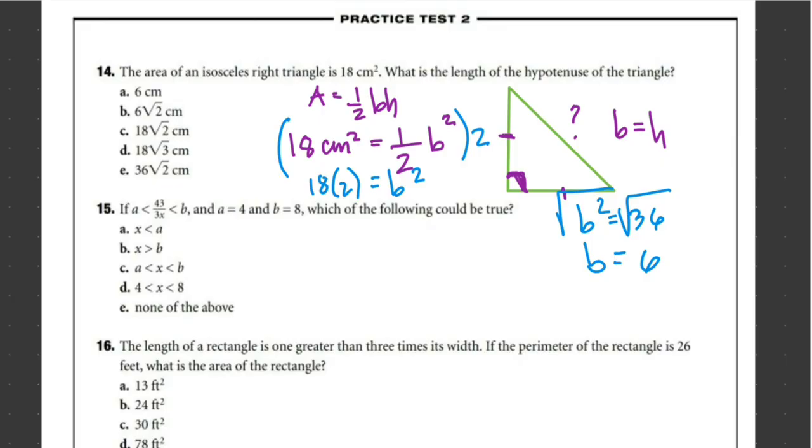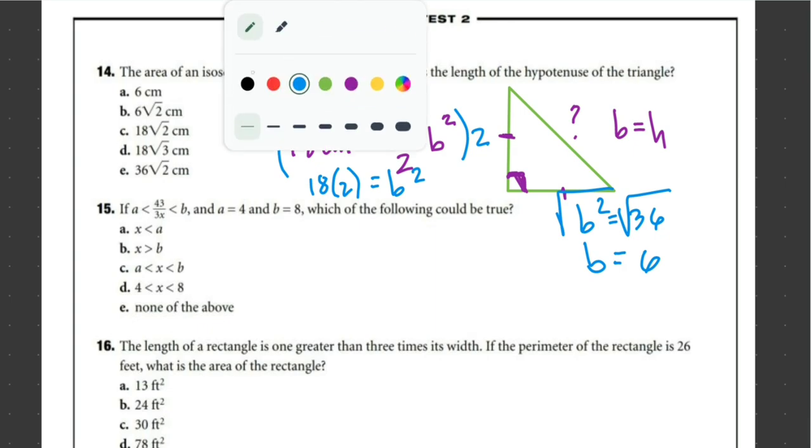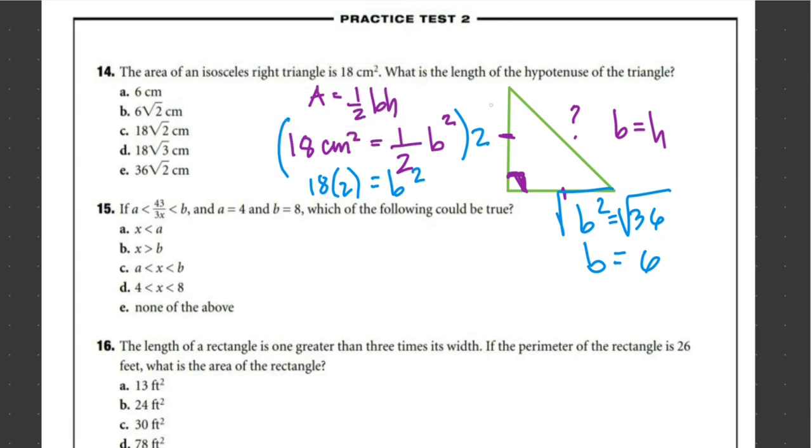Now we need to find the hypotenuse. We can use the Pythagorean theorem. So the legs of the isosceles triangle here, each of the legs is equal to 6 centimeters. We can find the hypotenuse.